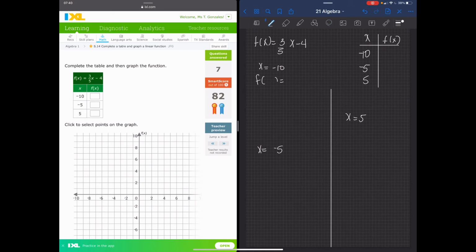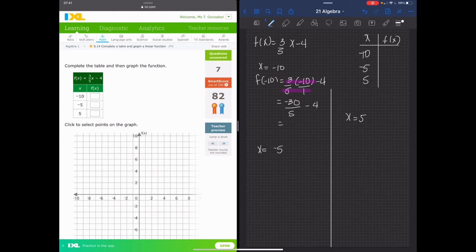The table is x equals negative 10, x equals negative 5, and x equals 5. So where x equals negative 10, it's 3 over 5 times negative 10 minus 4. And then when you multiply fractions, you multiply going across. And since negative 10 is a whole number, the denominator is going to be 1. So when I simplify, 3 times negative 10 is negative 30. 5 times 1 is 5, and then minus 4.